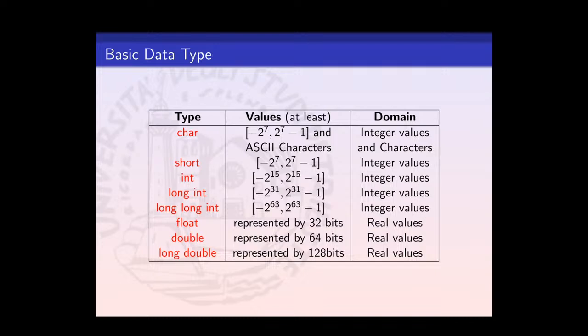Then we have the double real values and the long double real values. Please remember, these ranges are the minimum ranges established by the ANSI standard. So it can be the case that in your architecture, for instance, the integer has a wider range of numbers. And by the way, this will almost certainly be the case.